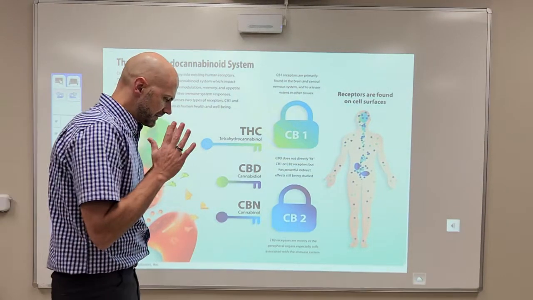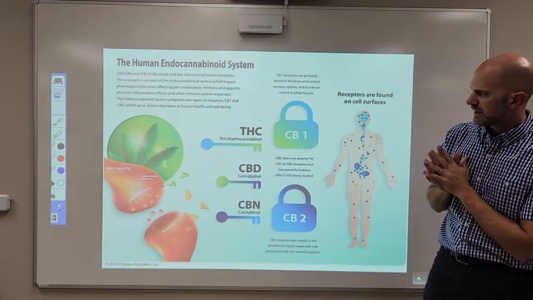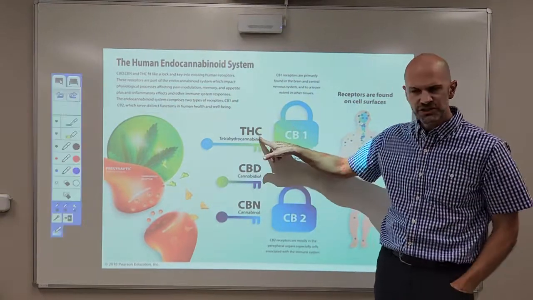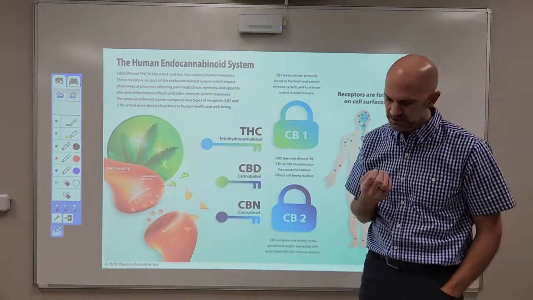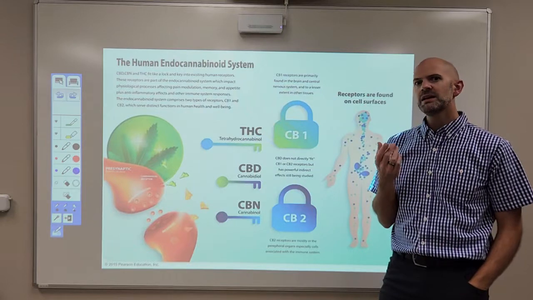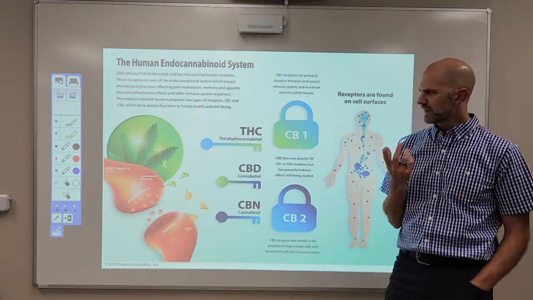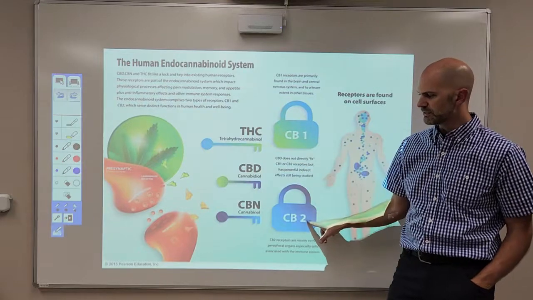Now, kind of a special topic. You might be aware of THC and CBD. These are cannabinoids. Cannabinoids are a class of molecules that can bind the cannabinoid receptor. There are two types of cannabinoid receptors, CB1 and CB2.